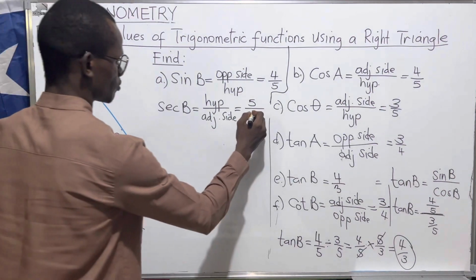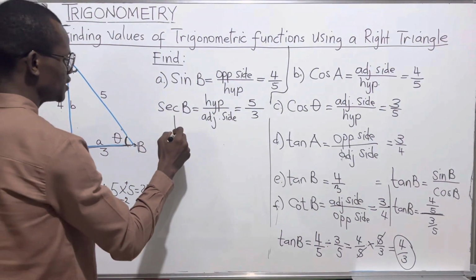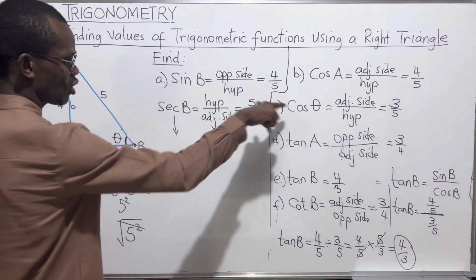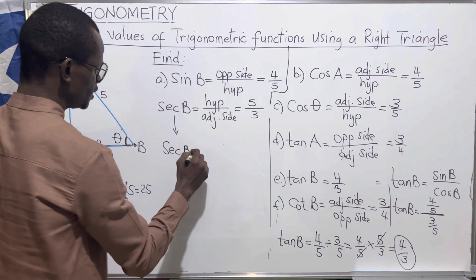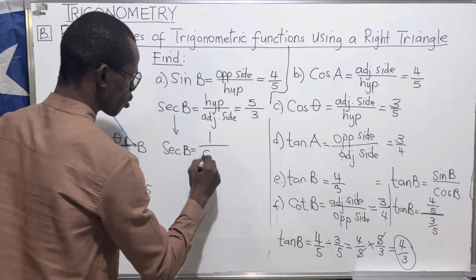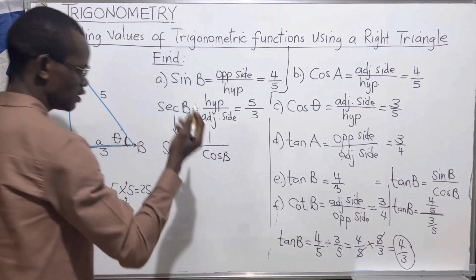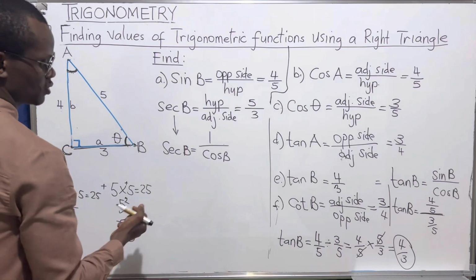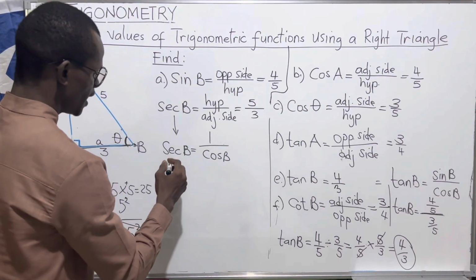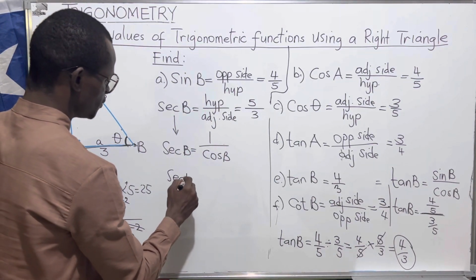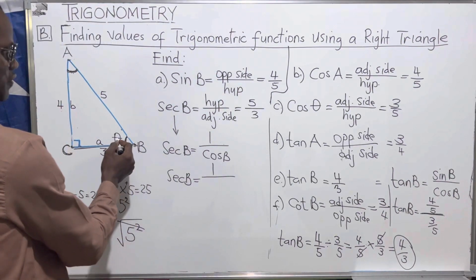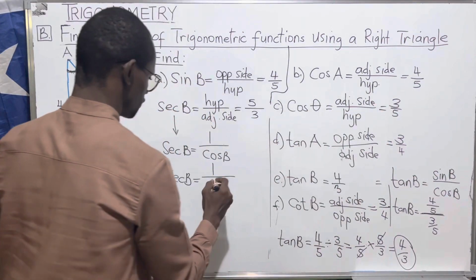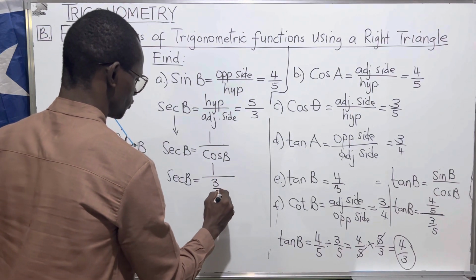It's 3. But the secant definition, which is the reverse of cos, can also be written as secant of B is equal to 1 all over cos of B. If you turn it around, you have the reverse. So now we have secant of B to be 1 divided by cos of B, or cos of theta, which was 3 over 5.